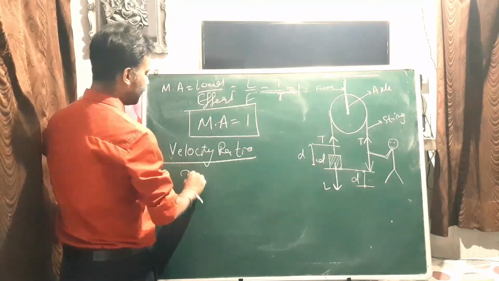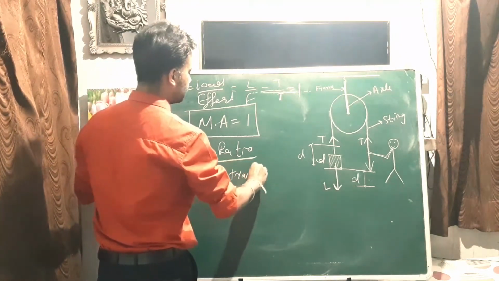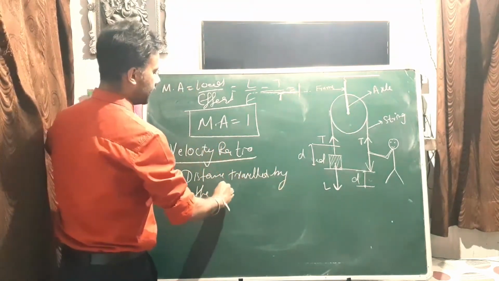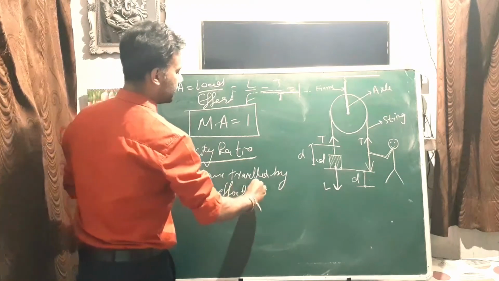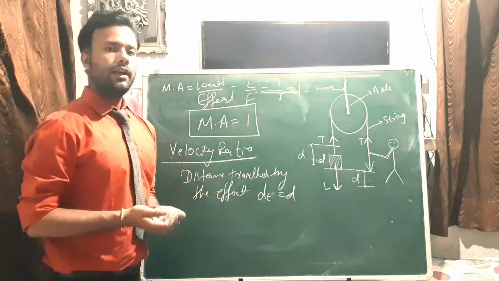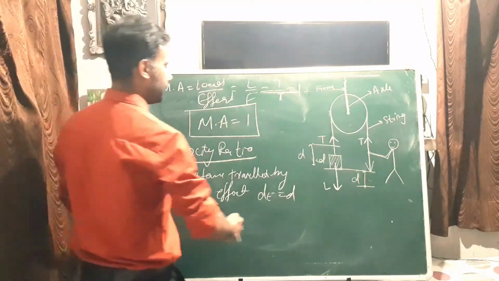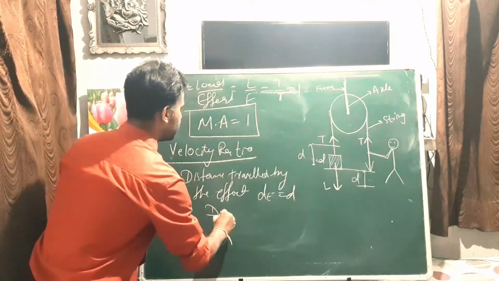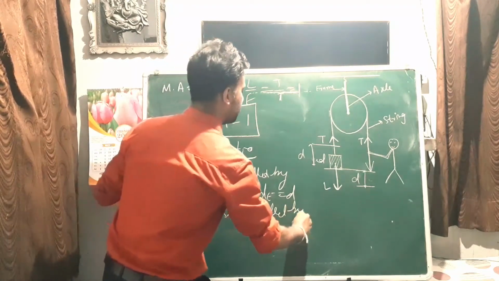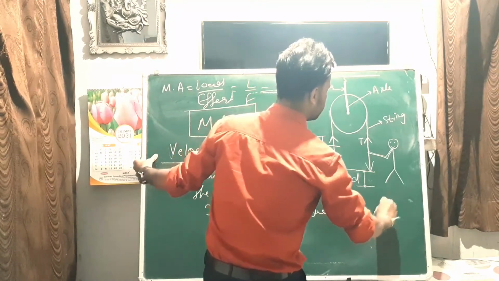Here we are calculating the velocity ratio, right? The distance traveled by the effort, this is dE, will be d, and as I said, it will be equal to the distance traveled by the load, dl, which is also d.